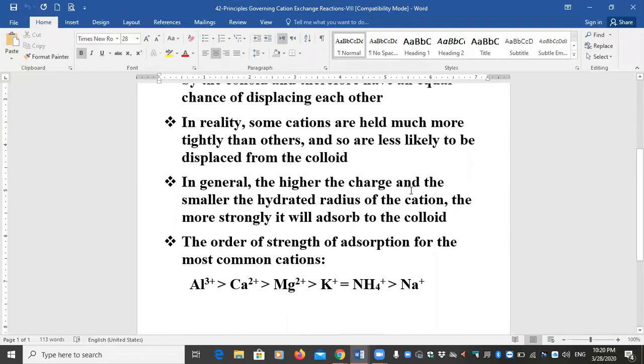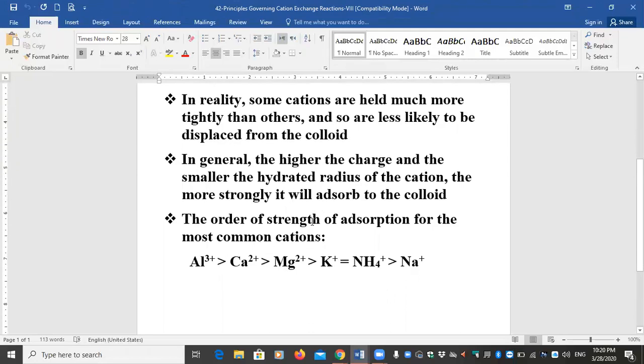The second reason is the hydrated size of the cations. The smaller the hydrated size, the charge that it carries is distributed over a smaller sphere, so the density of the charge will be higher, so the attraction will be higher. So the order of strength of adsorption of the most common cations in soils: aluminum, trivalent, is stronger than calcium, which is stronger than magnesium.